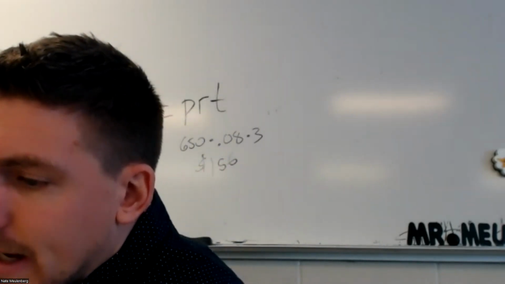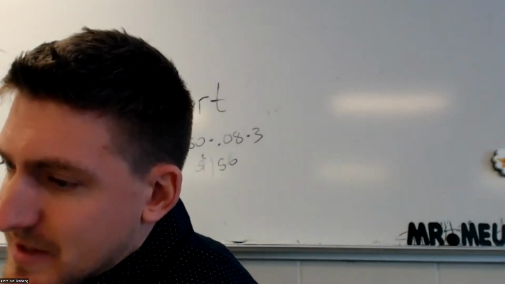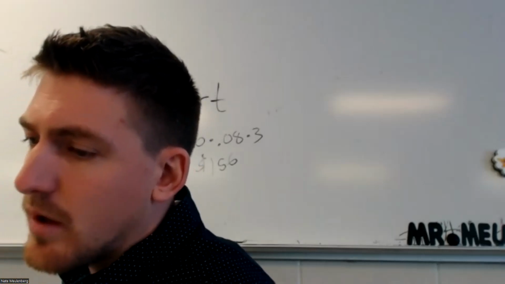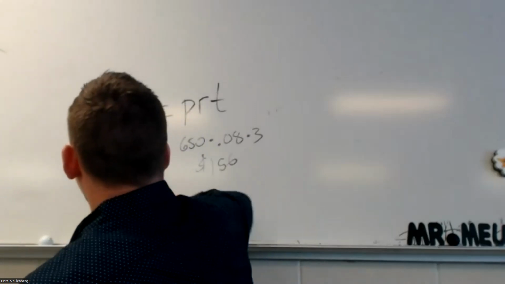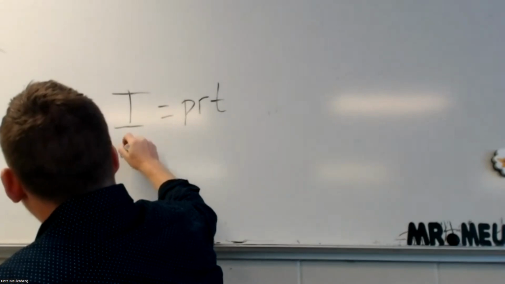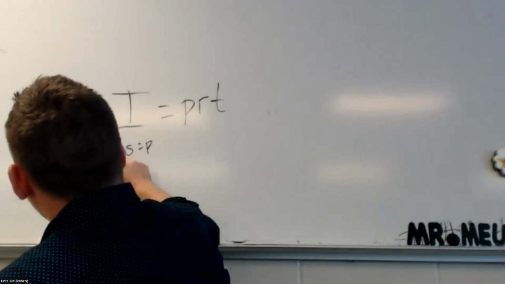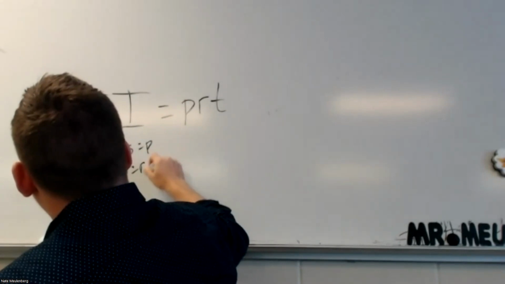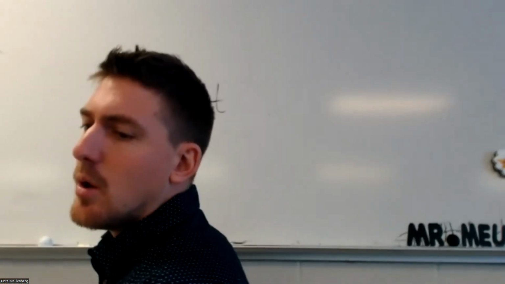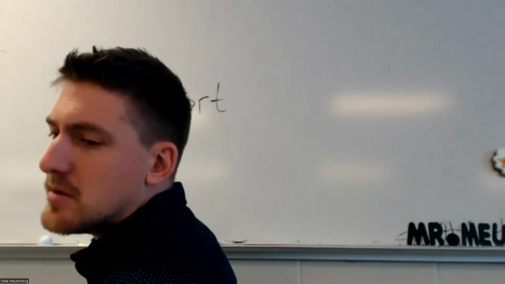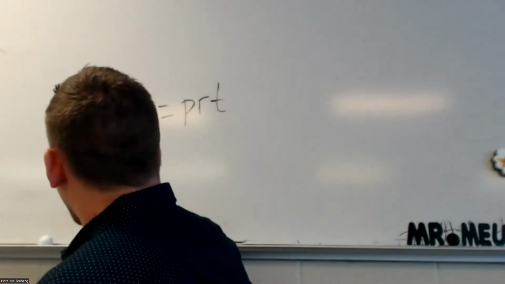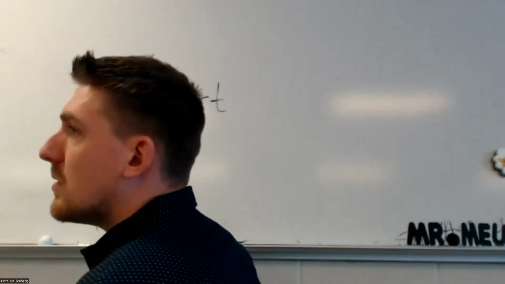All right, let's look at number 6. Number 6 is $2,105. That's going to be P. 11%, so R equals 0.11, and T, what's T, guys? Time. 1 3/4. How do you write that as a decimal? 1.75.